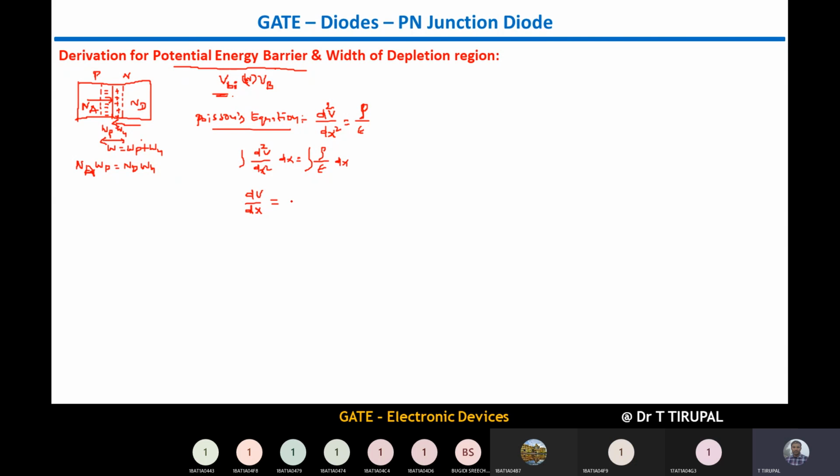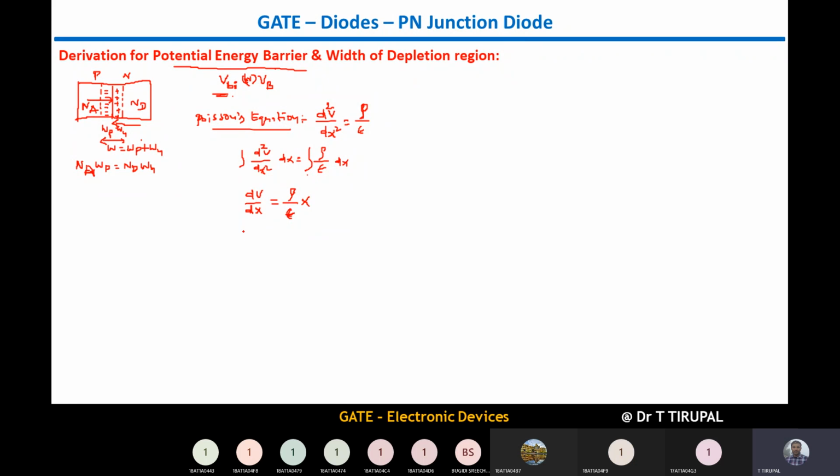Rho by epsilon is constant, and here we are integrating with respect to the width of the depletion region, which you can write as x also. So I got rho x by epsilon.